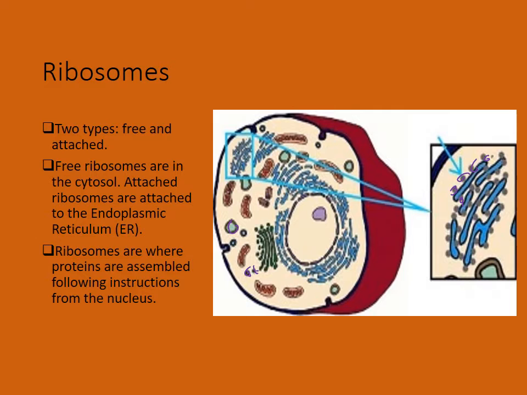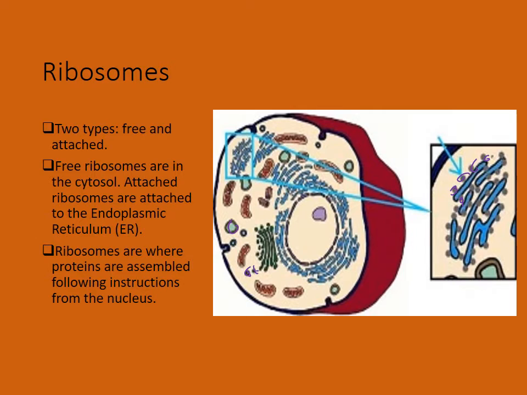The ribosomes are where proteins are assembled. It's basically the work assembly bench of making proteins. The cell has three jobs, and one of its main jobs is making proteins, like I said earlier. The instruction comes from the nucleus and goes to the ribosomes, and the ribosomes are the chefs that make whatever the chief chef recommends.